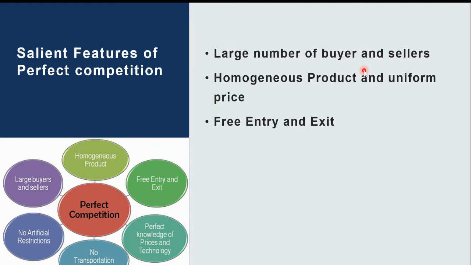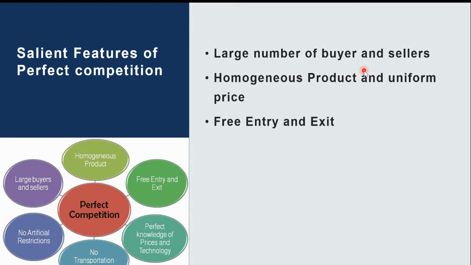What is super normal profit? Already I've explained this. You are spending 500 rupees, and if you are getting a revenue of 600 rupees, that means that you are making a super normal profit because your revenue is greater than your cost. Cost is 500, revenue is 600.